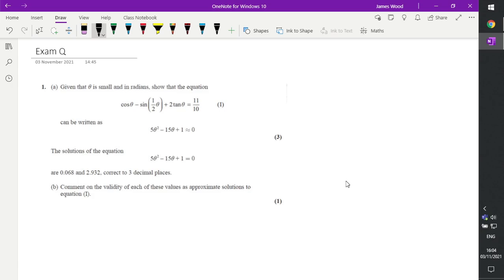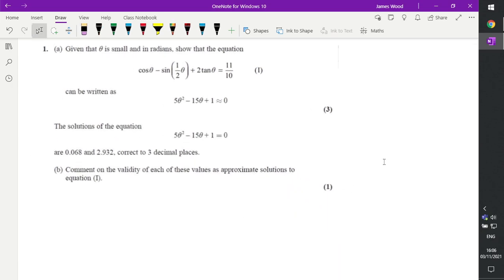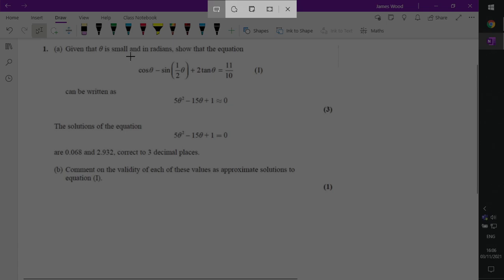Right, here's an exam question. Here we've got to show that when θ is small, we can rewrite this expression as this one here. Let's do this underneath so I've got a bit more room.